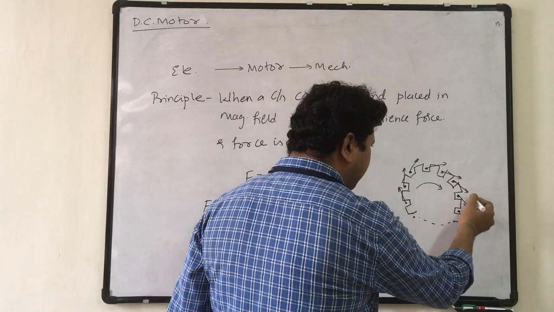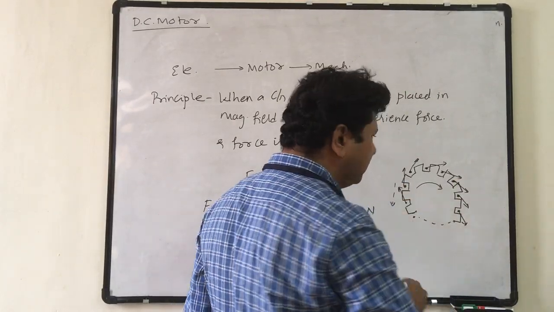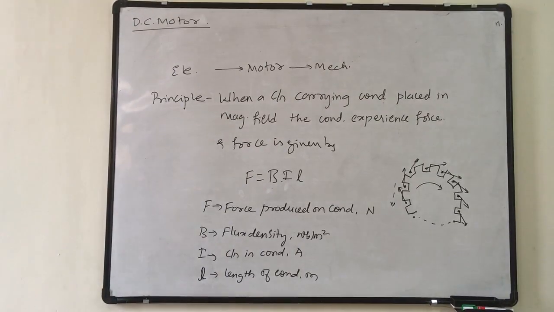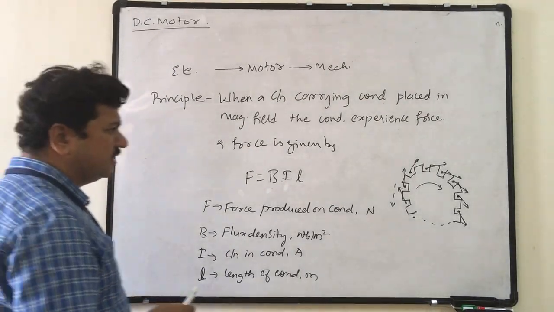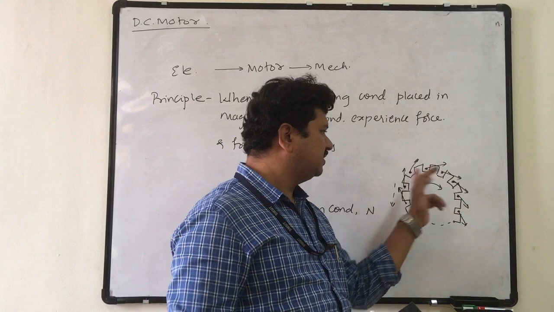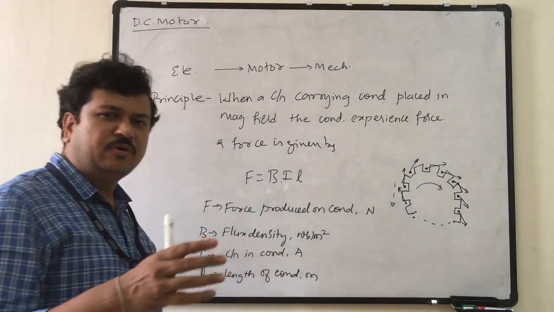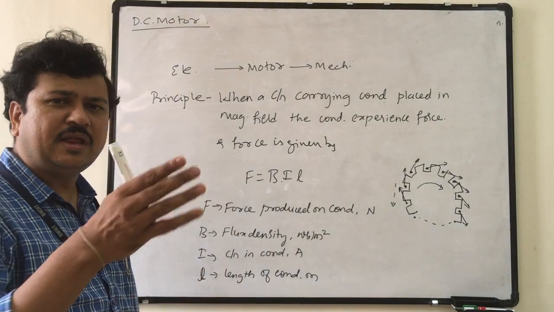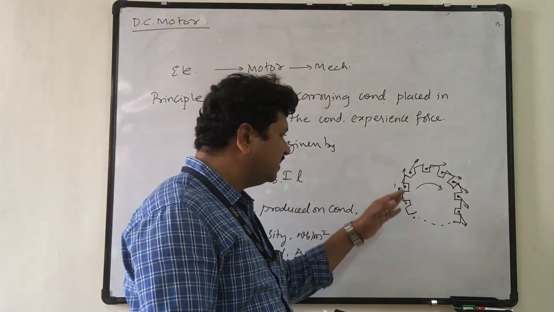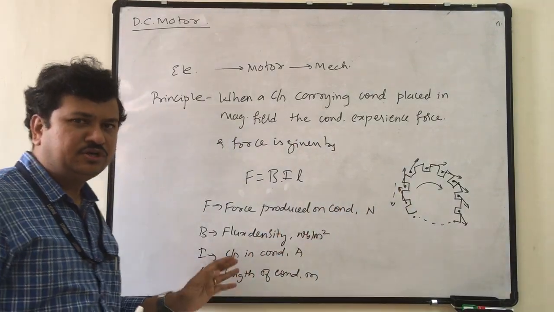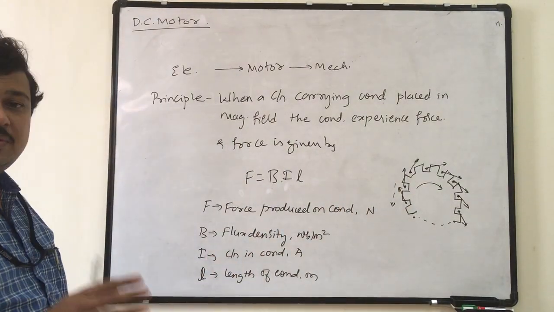Now this is also experiencing downwards, this is also experiencing downwards. The rotor will not rotate at all. I won't get motor action. So to get the motor action, all the conductors placed here in the armature slots should experience the force in the same direction. So the force exerted on each conductor should be cumulative.